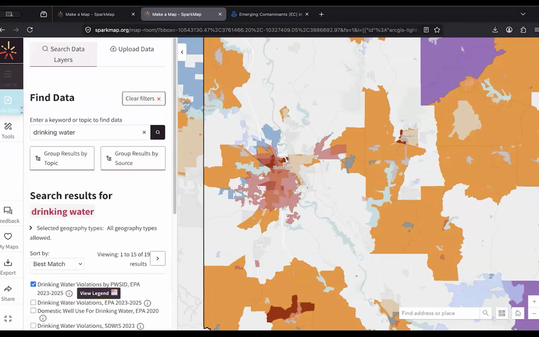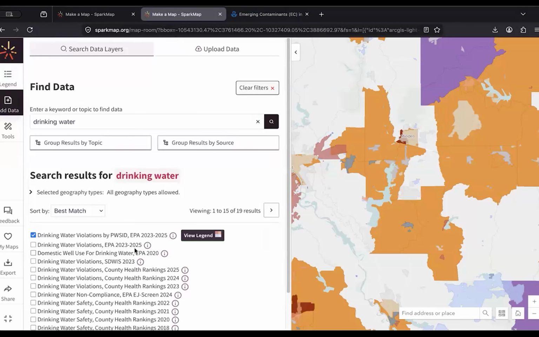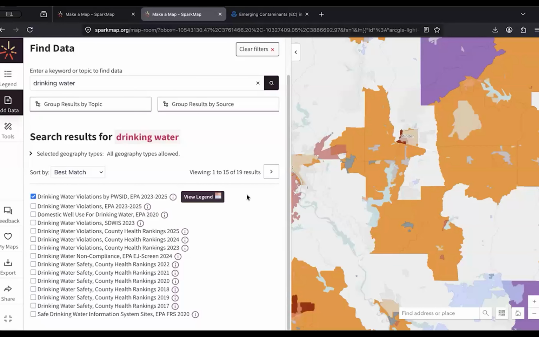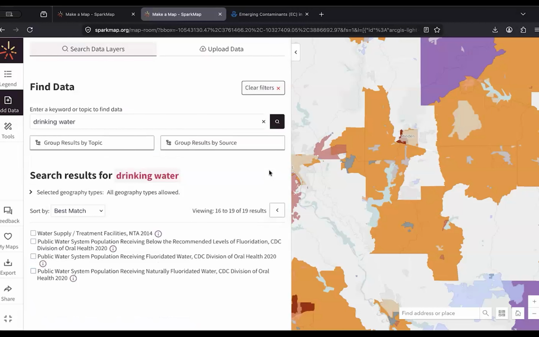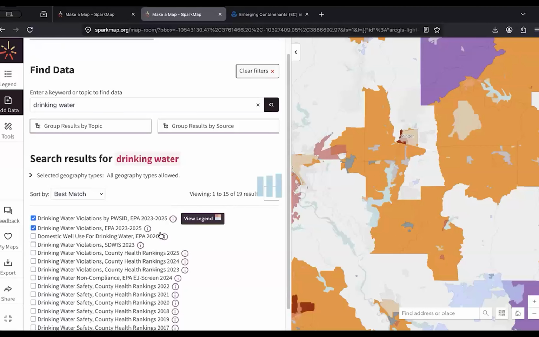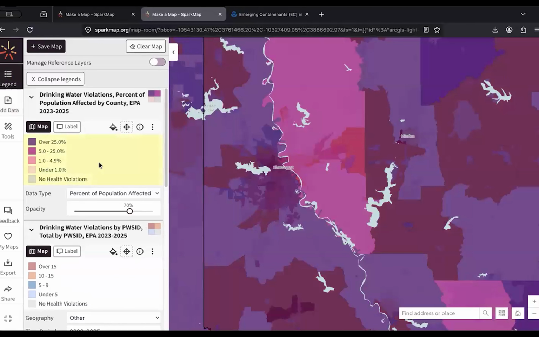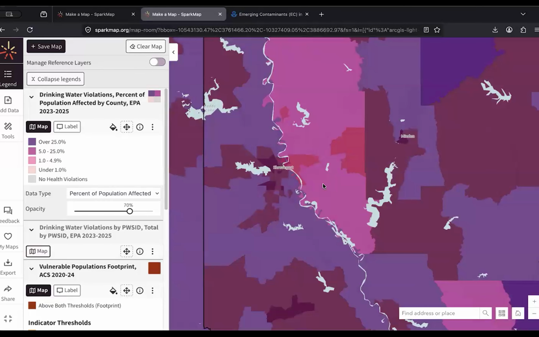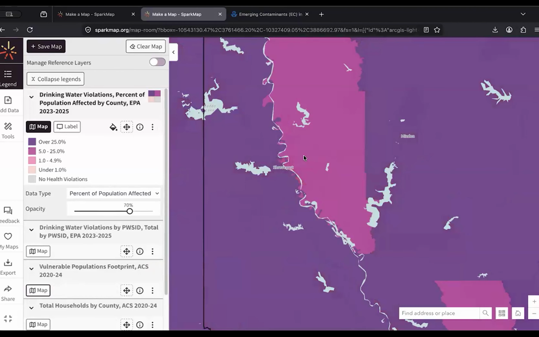We also have other drinking water violations data as well. One of the other ones that we have is by population. Let me see if I can find that one here. Might be this one. Yes. And I like this one also because it's showing us the percent of population affected by drinking water violations.